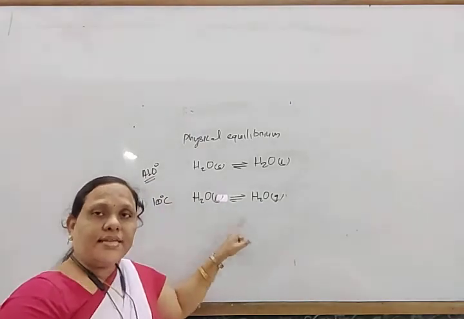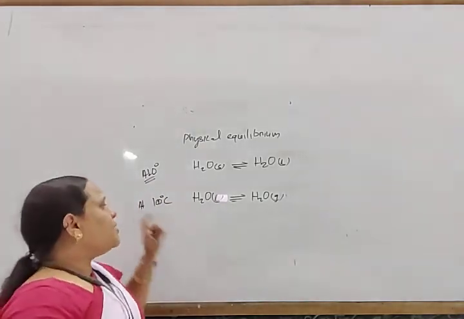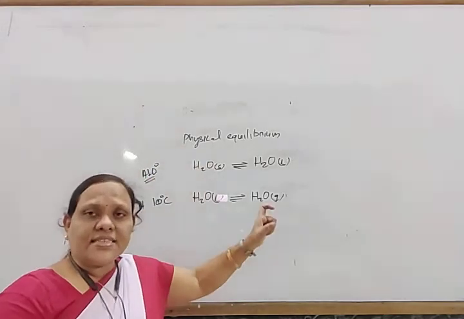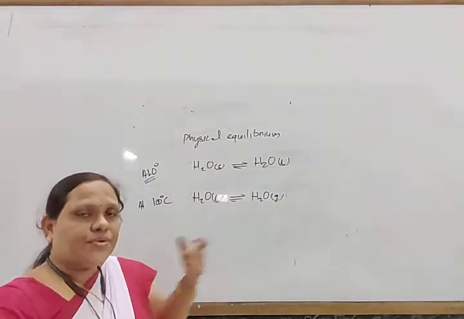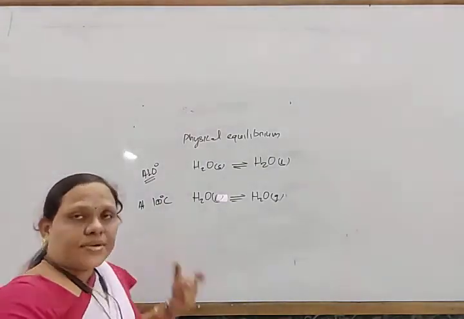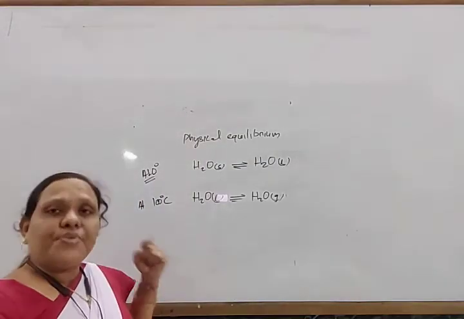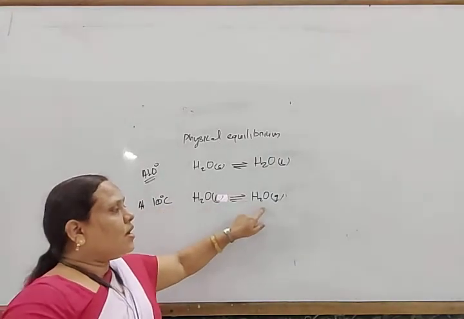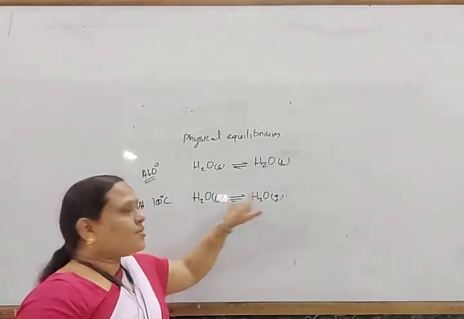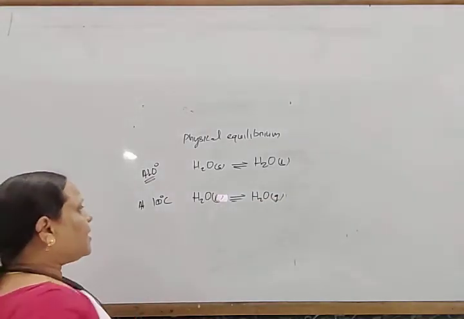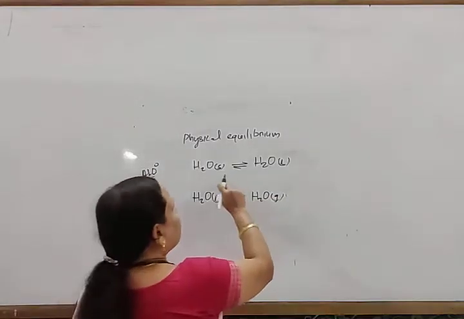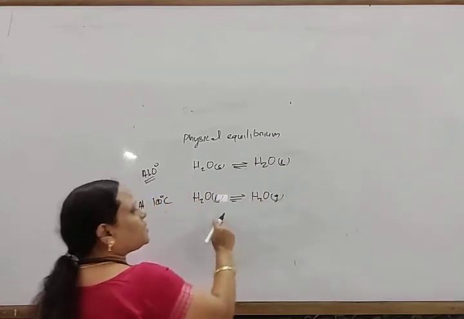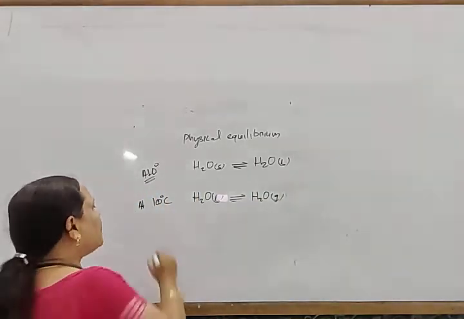In this way, that state is said to be equilibrium. So the equilibrium established in the physical changes, that is solid to liquid and liquid to gas or solid to gas, is called the physical equilibrium. This is called solid liquid equilibrium. This is called liquid gas equilibrium.